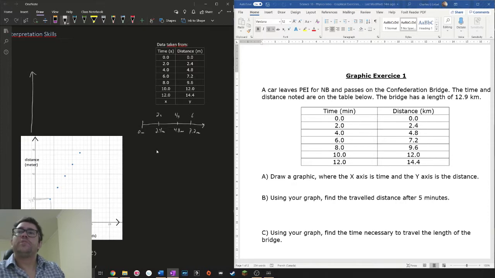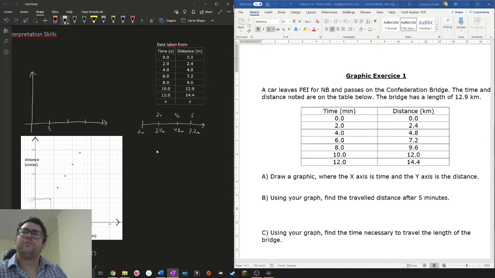Because we have two axes, we're going to make straight lines using rulers. I'm not sure how to do this here. And then we're going to graph. Using a ruler would be better here.